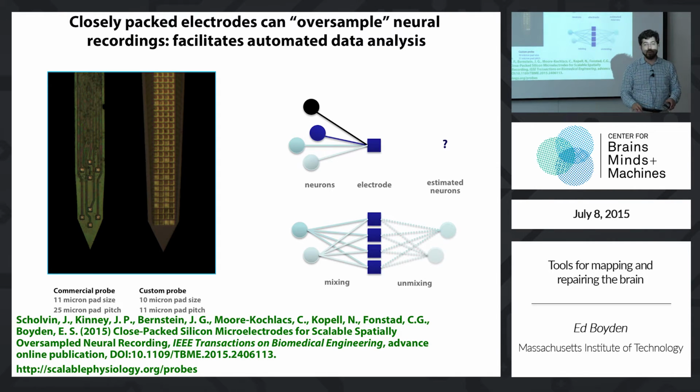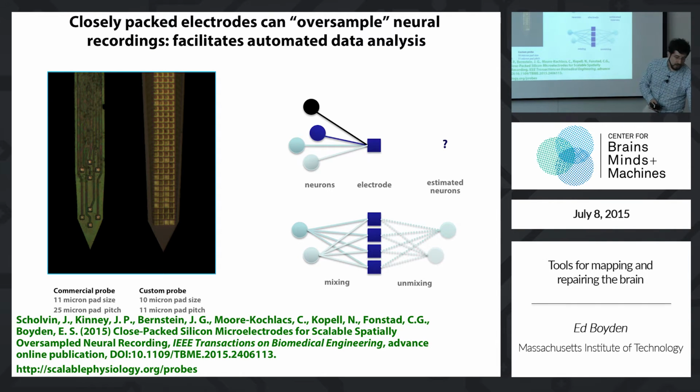But if there were 5 of us in the room and 100 microphones, it would be very easy, right? It's an over-constrained linear algebra problem. And there are pretty good algorithms known as blind source separation or independent components analysis, which have been applied to this over-constrained inversion problem, where you have more recording devices than you have speakers. So our goal is to have more electrodes than neurons, at least locally, right?